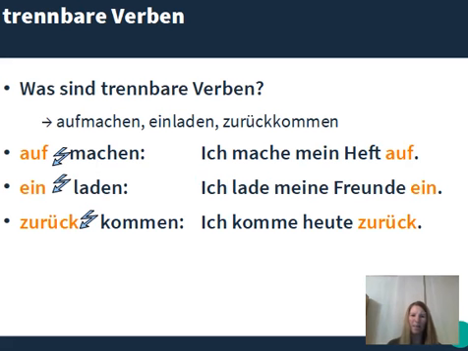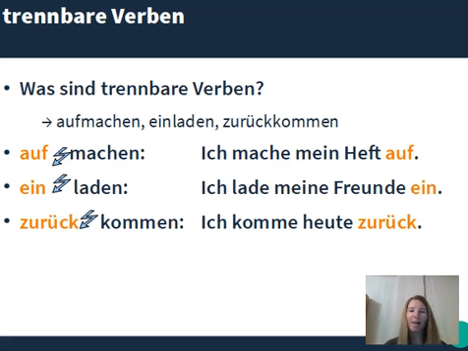Was sind trennbare Verben? Zum Beispiel aufmachen, einladen oder zurückkommen. Think back to unit number 7, when we talked about the birthday. You learned trennbare Verben before. So it's those verbs that you have to break apart when you want to make a sentence.